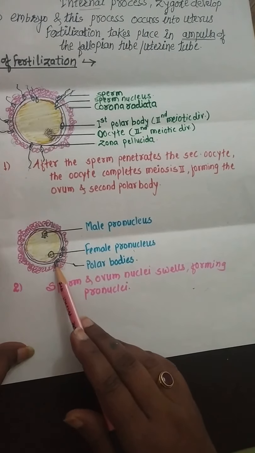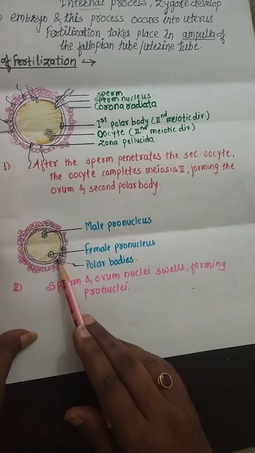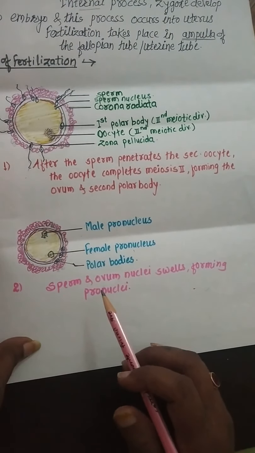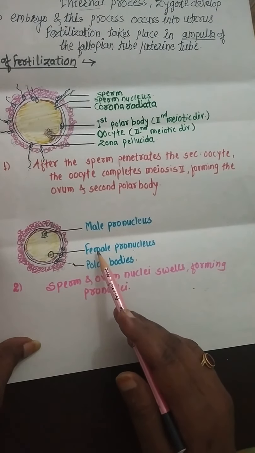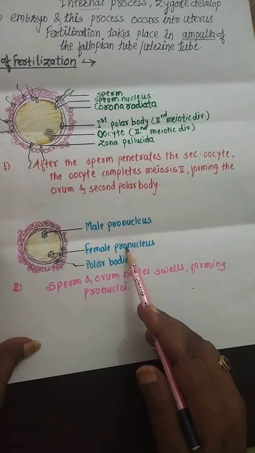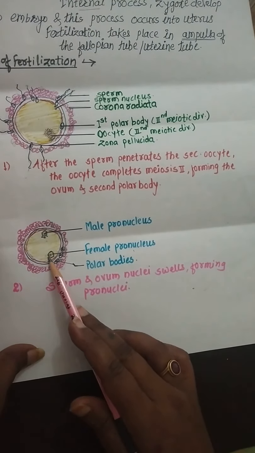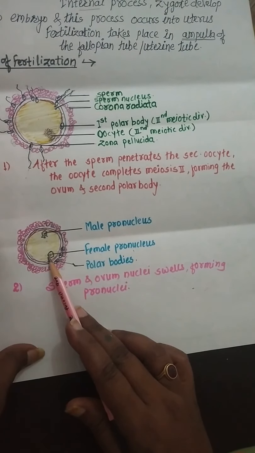This second polar body again develops into the next polar body. That means division takes place, and the female pronucleus is formed from the oocyte nucleus.